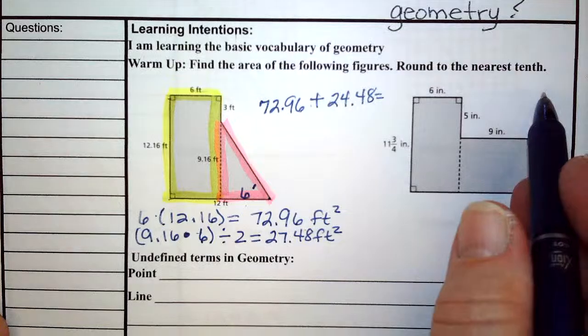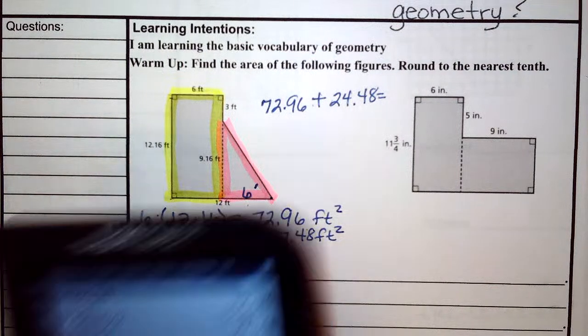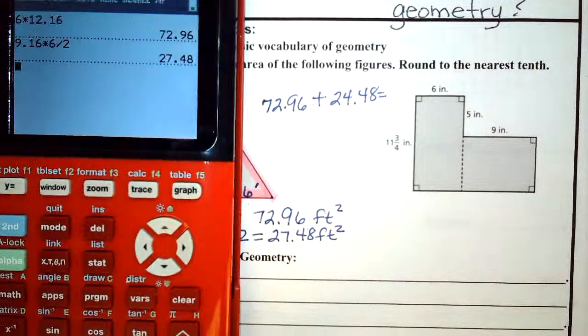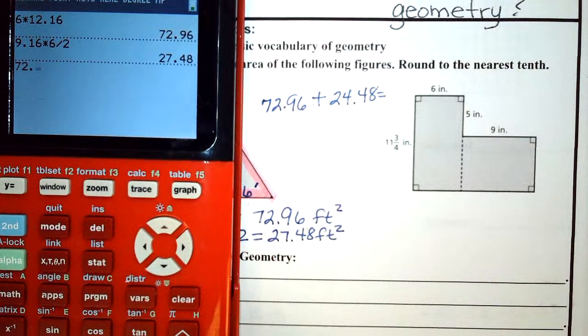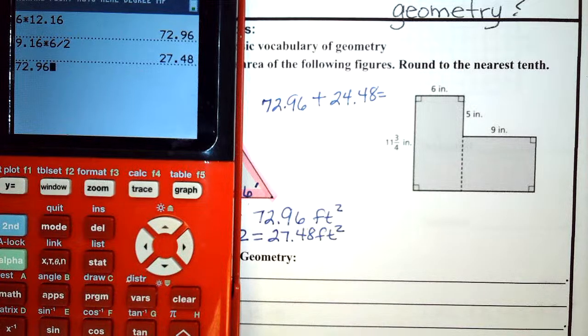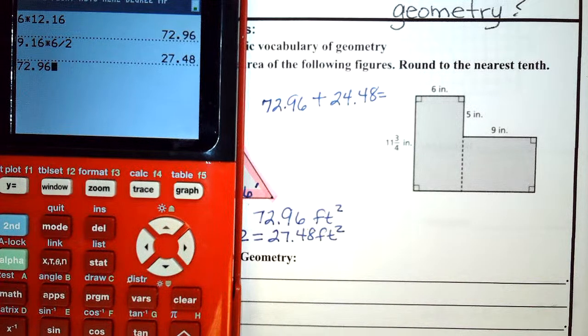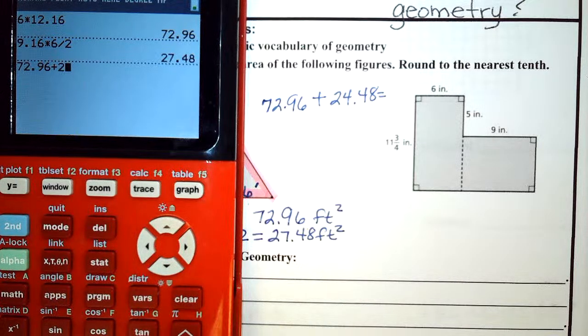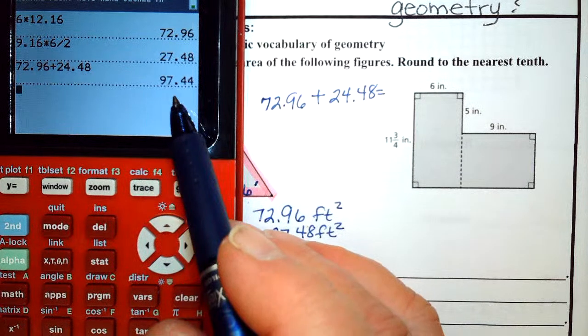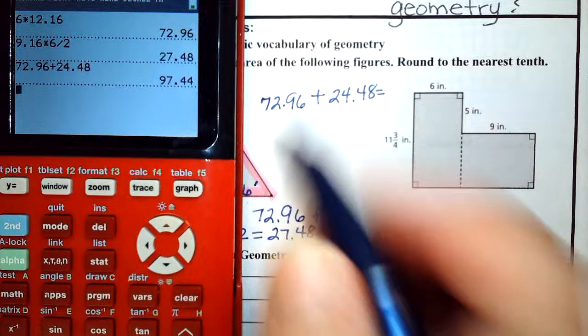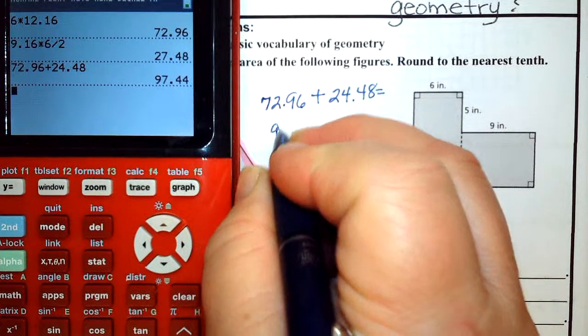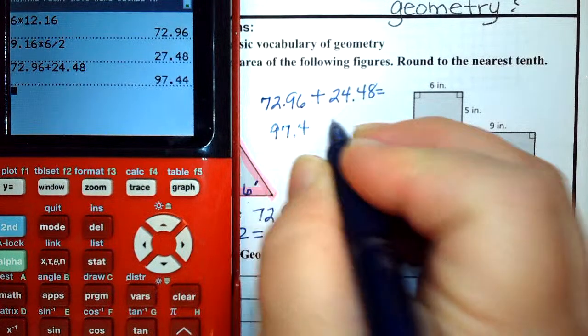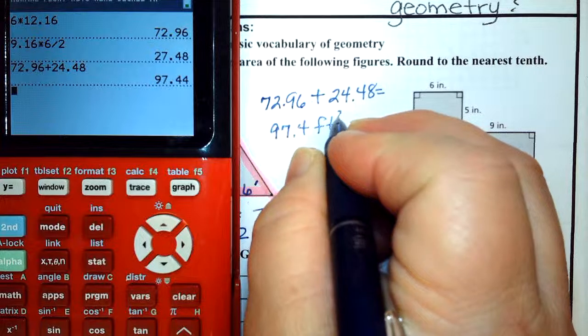And we're supposed to round to the nearest tenth. I've got 97.44, so that would be 97.4 feet squared.